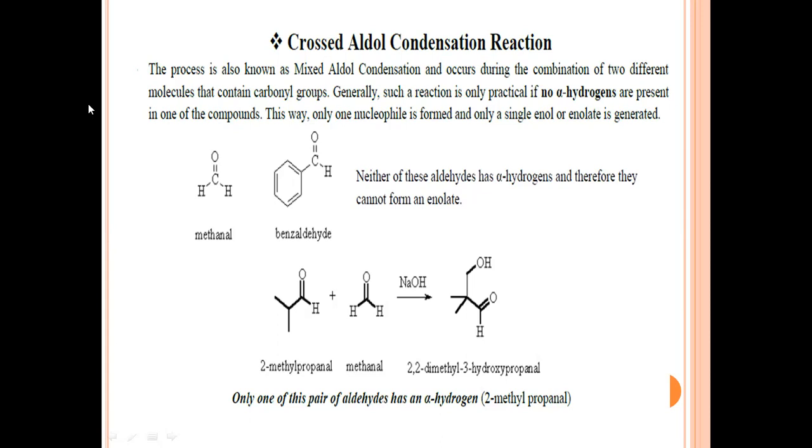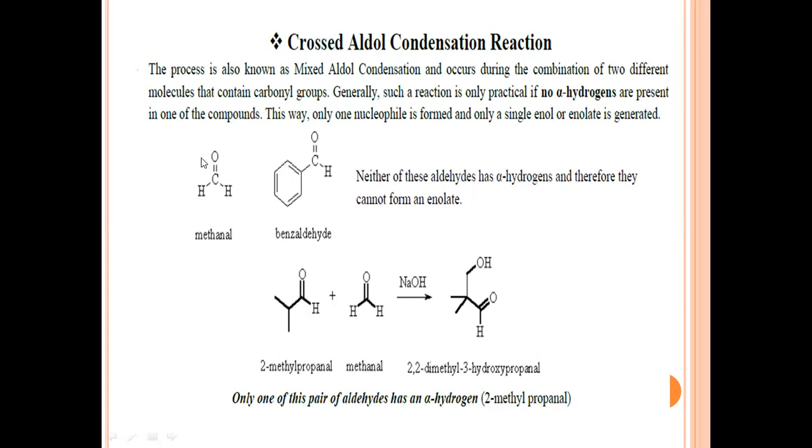So here we can do the aldol condensation of two different molecules, although both of them contain the carbonyl functional group. But we can mix two different molecules containing carbonyl functional group. Generally, such a reaction is only practical if no alpha hydrogen is present on one of the compounds.